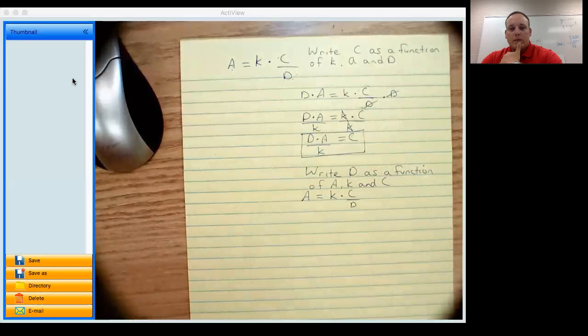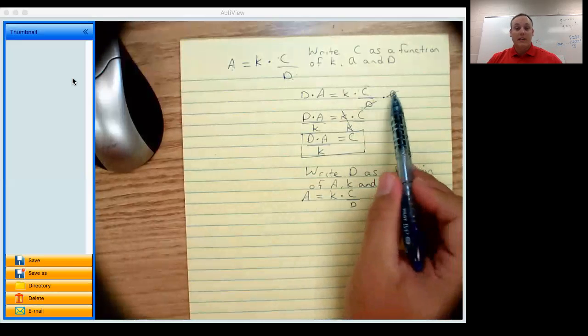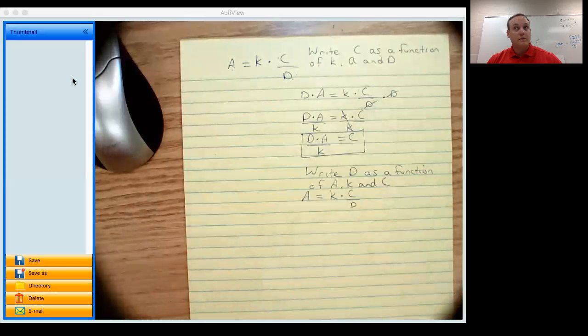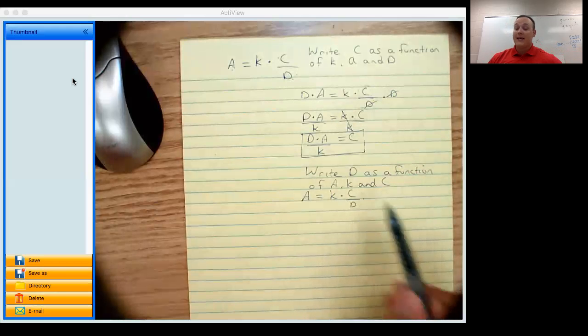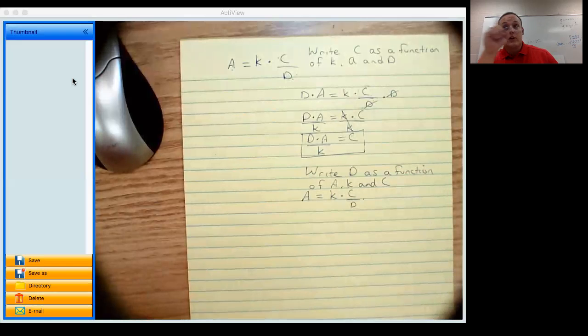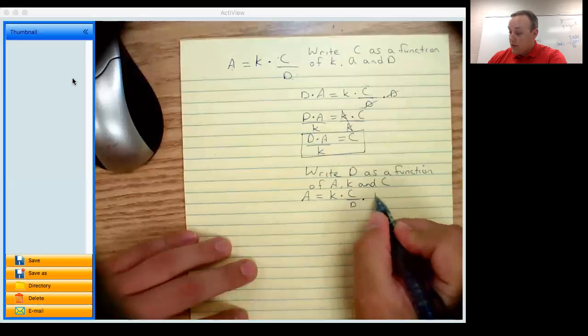Multiply by C, right? I understand why you're thinking that because we multiplied by D this time. No, we still multiply by D because it's still divided by D. One key thing about solving, you can't solve for a variable when it's in the denominator. So once again, we do still multiply by D.